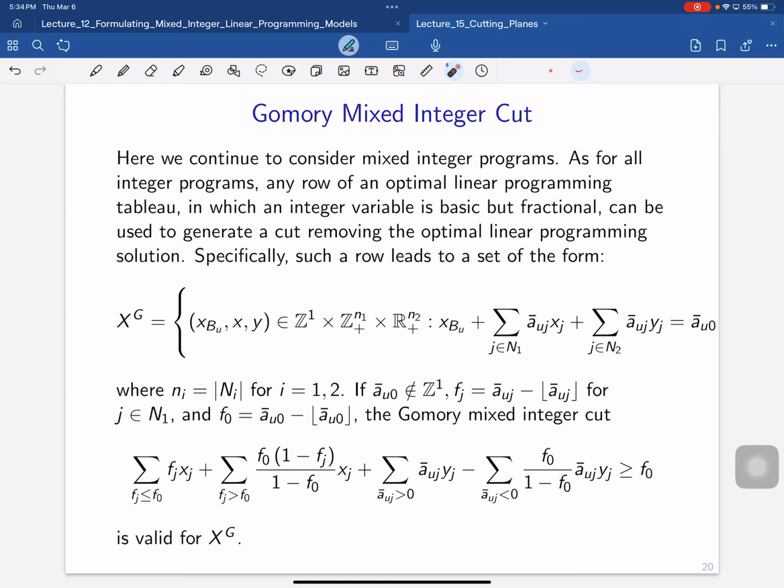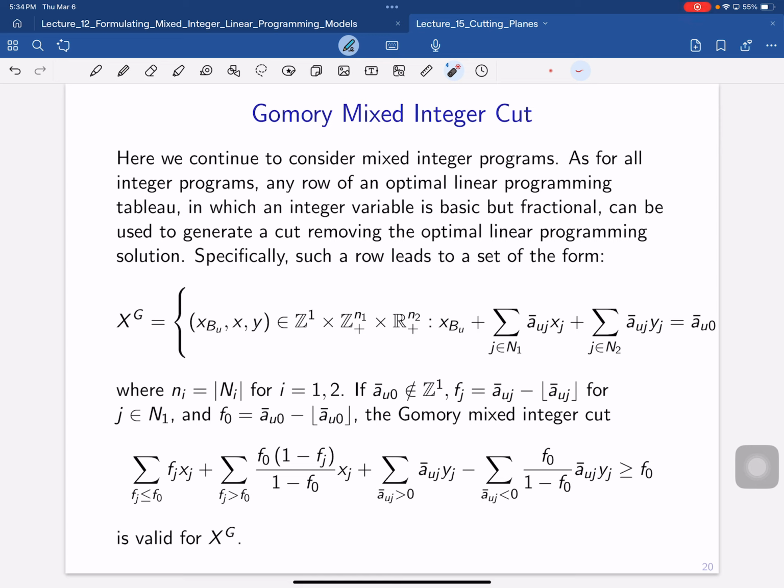The Gomory mixed integer cut is in this very nested formula, but you can show that it will cut off the fractional solution. Again, the right-hand side will involve the fractional part of the right-hand side. Proving that is not so straightforward, but maybe you could try to validate that it cuts off the fractional solution.